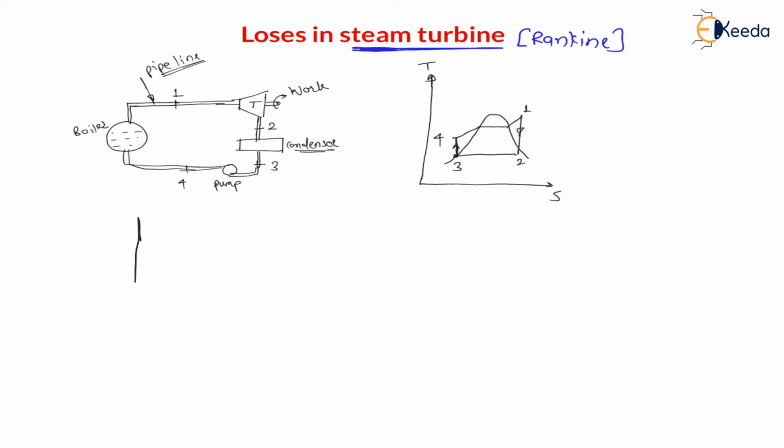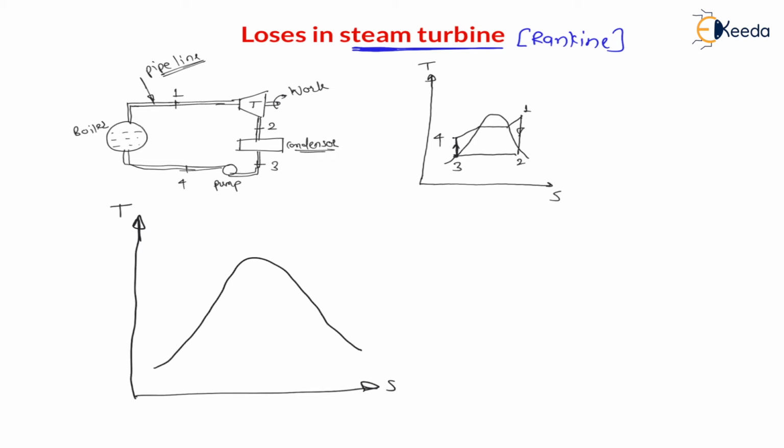Now if I draw the actual temperature versus entropy diagram, the TS diagram, there will be a liquid vapor dome like this, right? Now here there will be pipeline losses. Here we are considering, let us say, 1 double dash to 1 dash. In this pipeline the first loss is pressure drop in pipeline.